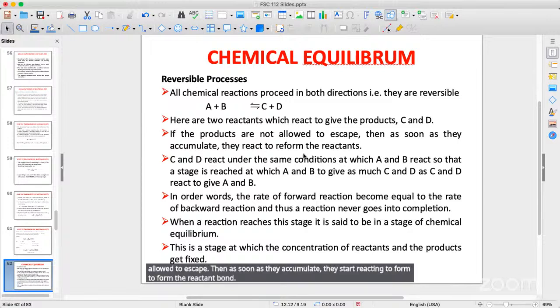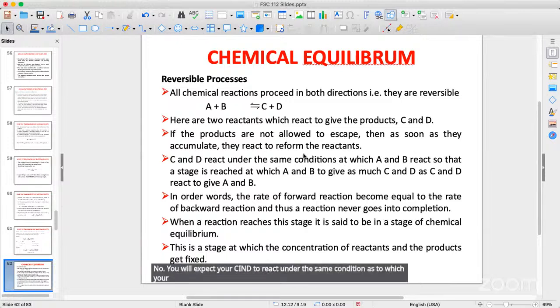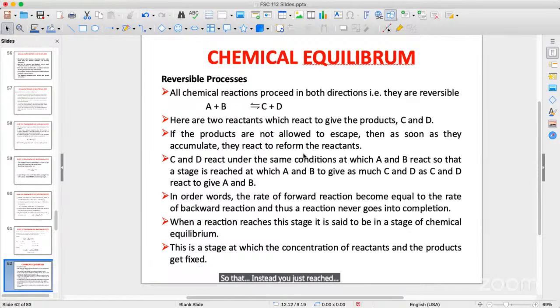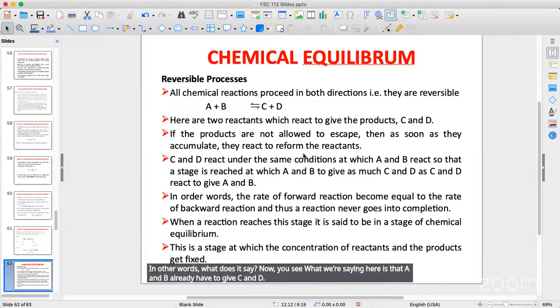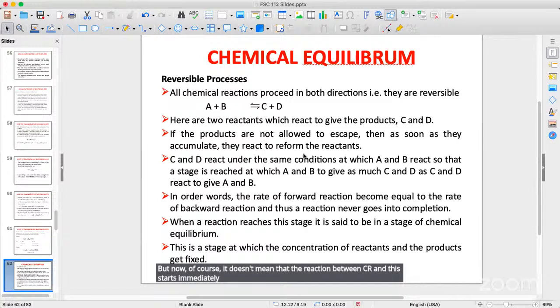Now, you will expect your C and D to react under the same condition at which your A and B react, so that a stage is reached at which A and B give as much C and D as C and D react to give A and B. What we're saying here is that A and B react to give C and D. C and D, as long as none of them is allowed to escape, also react together to give you A and B. But of course, it doesn't mean that the reaction between C and D starts immediately, because they have to accumulate up to a point.